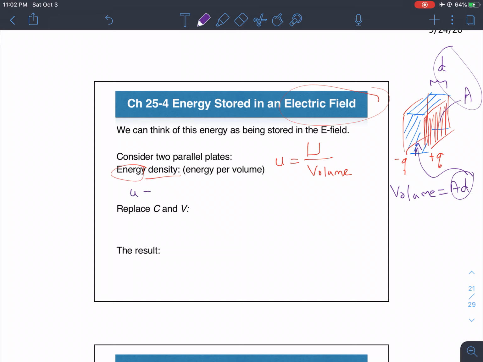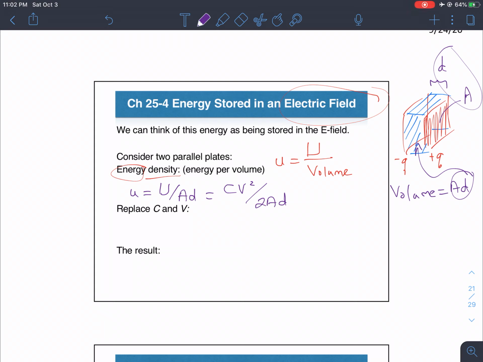Then if we write this energy density equation, it's the energy itself divided by A times D. That's what we're replacing with the volume, and that will be equal to, before that we learned about U being 1/2 CV squared, so we put CV squared at the top, 2 at the bottom, but we also have AD at the bottom, so this is what we have so far.